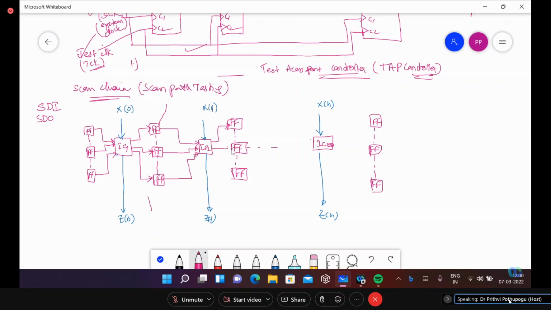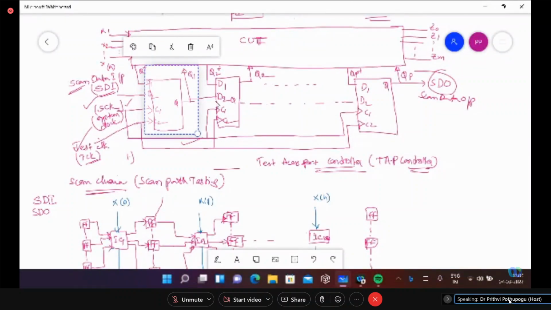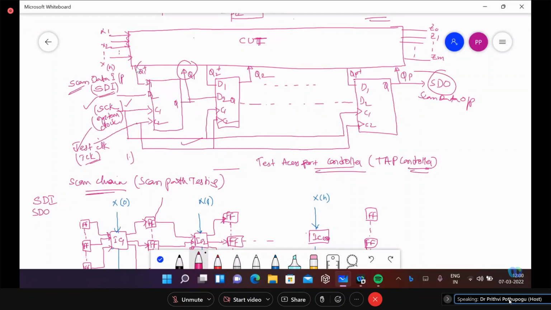What is the iteration we are doing? This is updation of queues. This queues we have updated, and that updation of queues is happening in this path now.